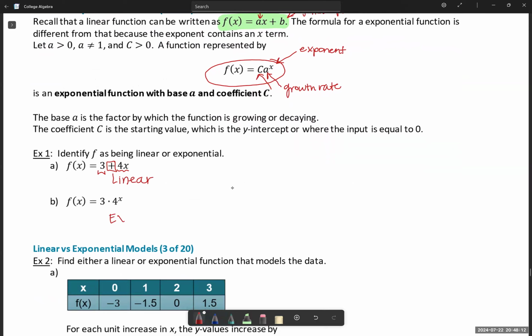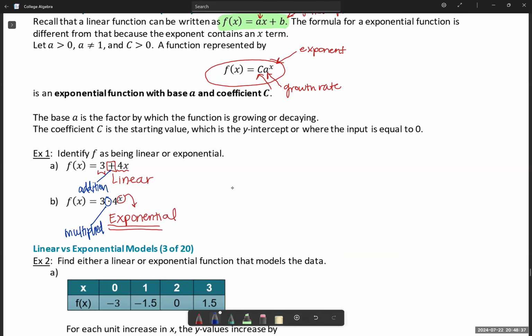Whereas part B is exponential. First off, the exponent is in the x. But then also the growth rate is multiplied, versus here it's an addition.